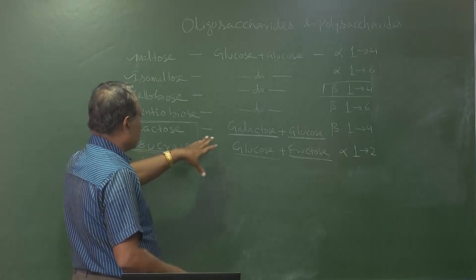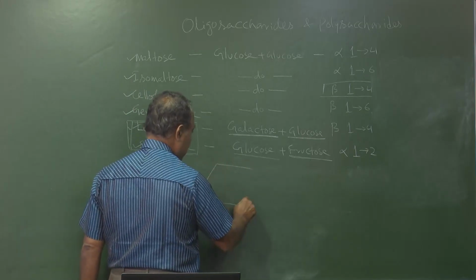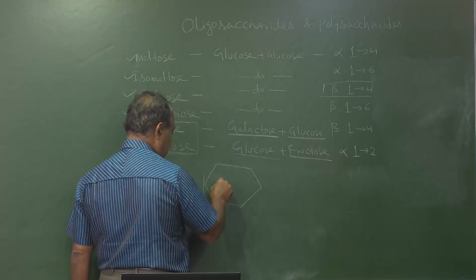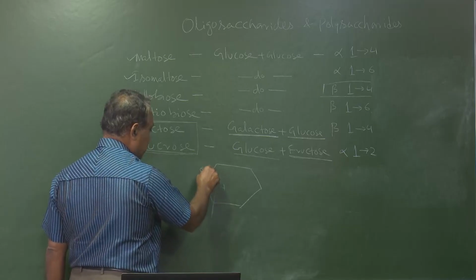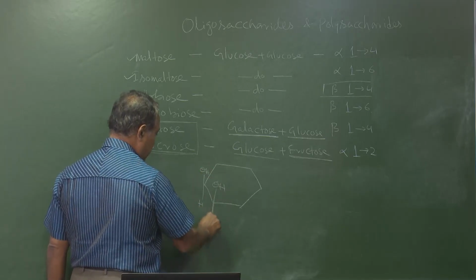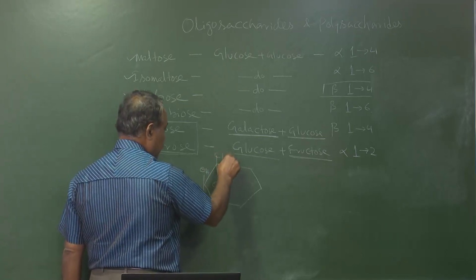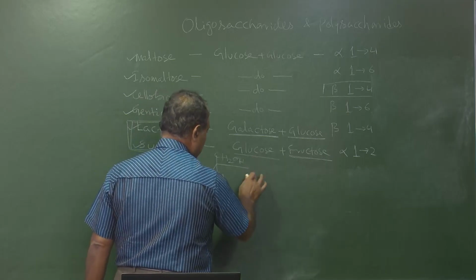So in galactose, we draw galactose. In galactose, hydroxyl group will be at the top at the third carbon atom as well as the fourth one. In both the cases, it will be then CH2OH and H. Then here it will be oxygen.